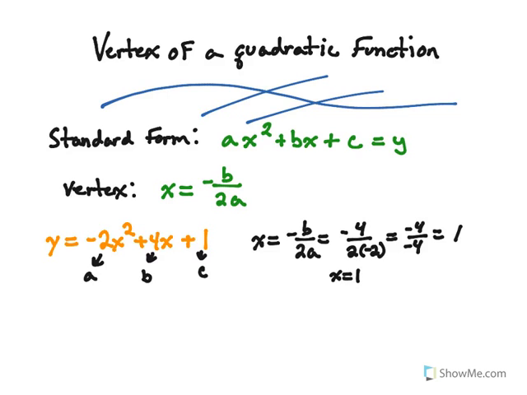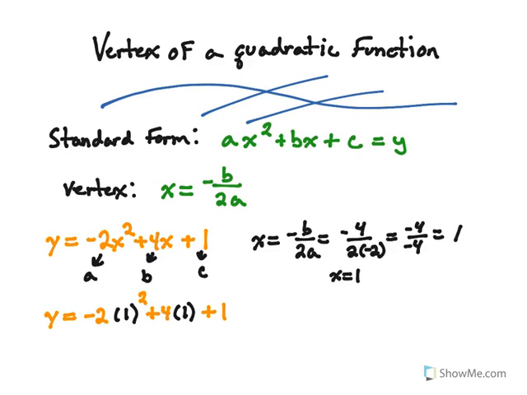Now in order to find the y coordinate, we take the equation and replace x with 1. So every time you see an x, we replace it with 1. Let's go ahead and plug everything in, and then do the arithmetic to get an answer for the y coordinate.